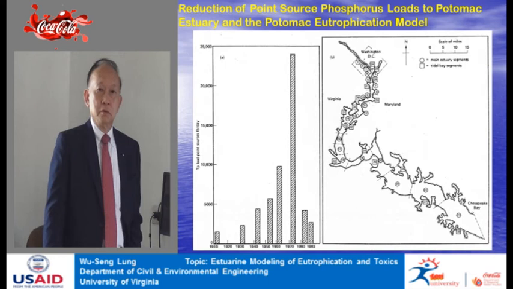Now, you can see the phosphorus load, 1910, 1930, 40, since 40, a sharp rise. Why? Since after World War II, phosphate detergent was heavily used. So in 1970, it reached very high. The US EPA spent $1 billion on wastewater treatment plants around this area to do phosphorus removal. Very successful, down to less than 0.2 milligram per liter total phosphorus.